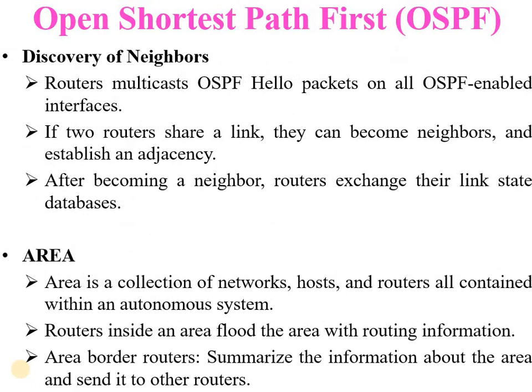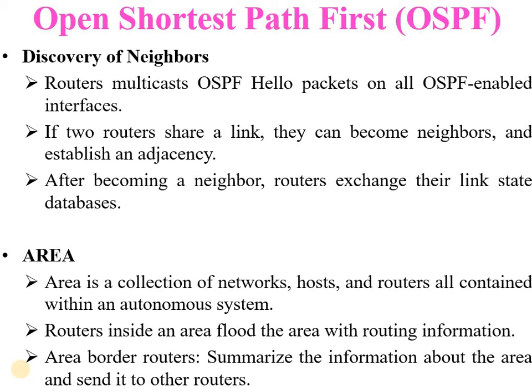Next is discovery of neighbors. How can we find our neighbors? For that, we send hello messages or hello packets on the network, and the routers connected to that node reply back to that packet. That is how routers discover their neighbors.